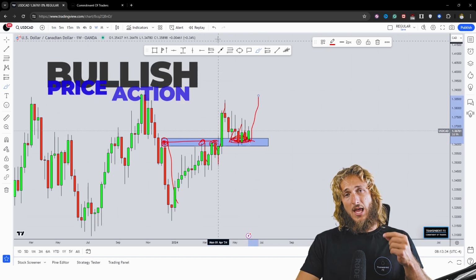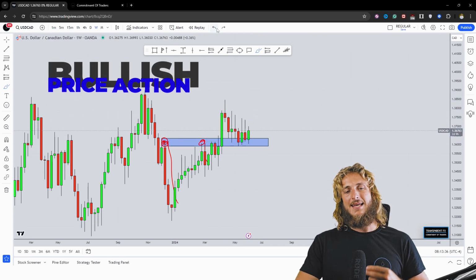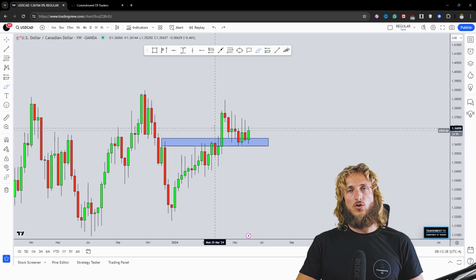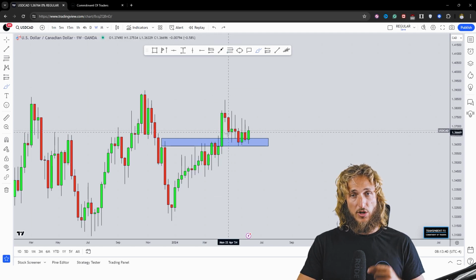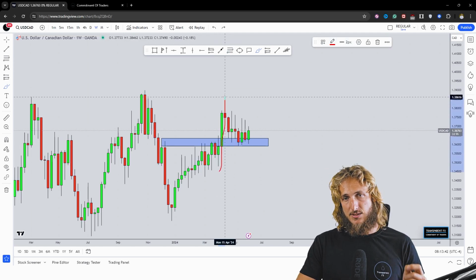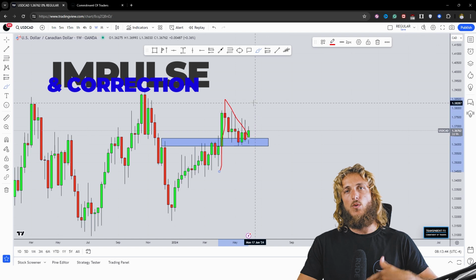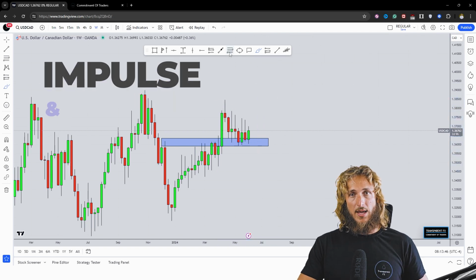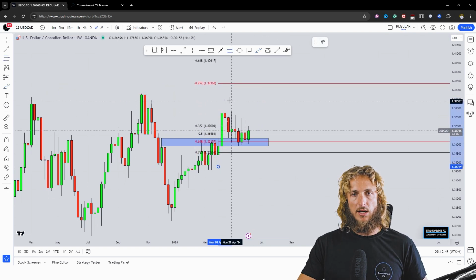it to the upside. And we can also notice the second thing is that this area is also a confluence of support, because from a pattern standpoint, since we have this impulse and correction, if we want to measure the correction, we have to take our Fibonacci from the low to the high of the impulse leg.